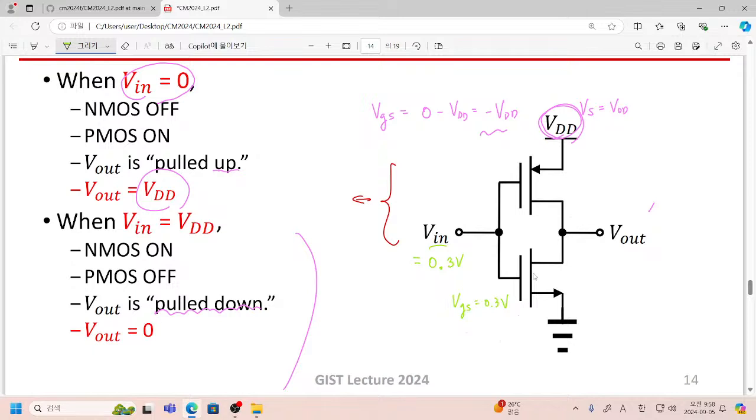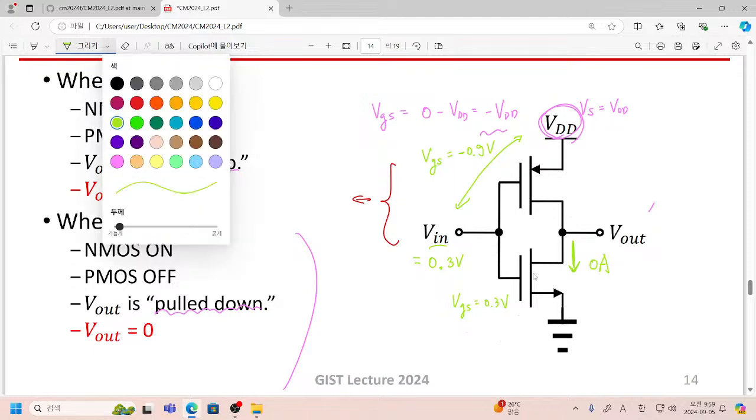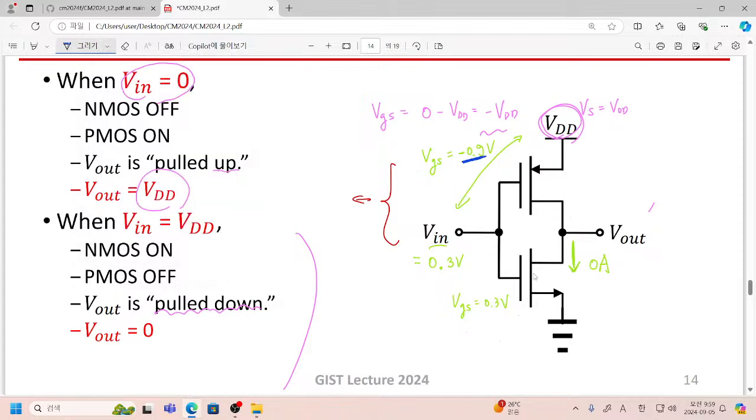So your NMOSFET says that I do not conduct any current through my drain terminal, so it becomes just 0 ampere. Then how about this PMOSFET? In the case of a PMOSFET, the gate to source voltage becomes minus 0.9 volt.